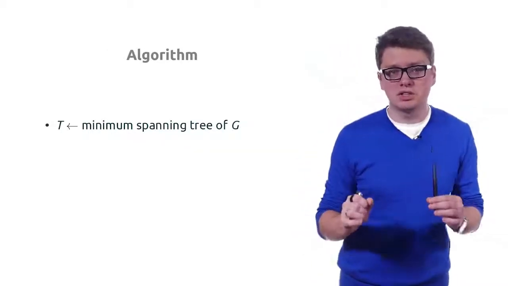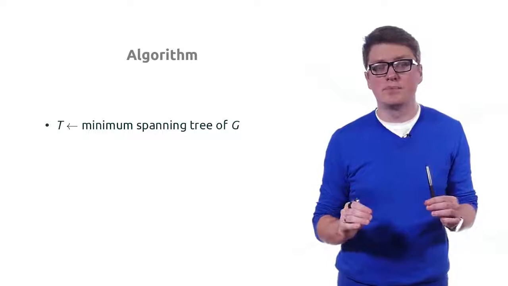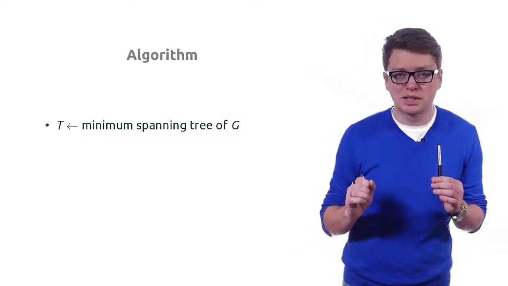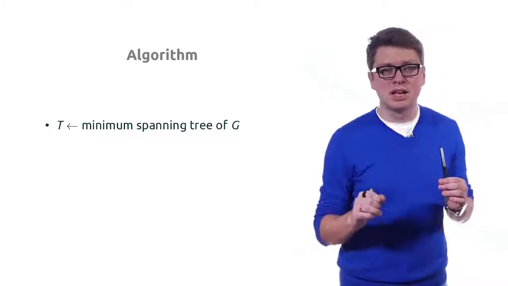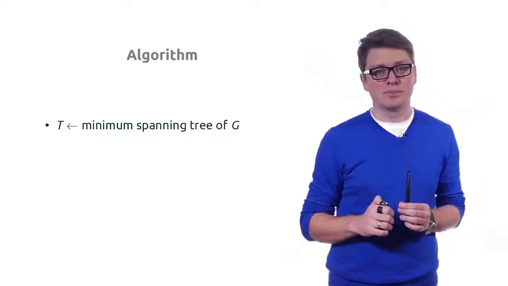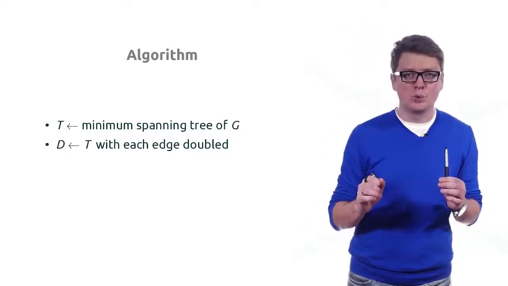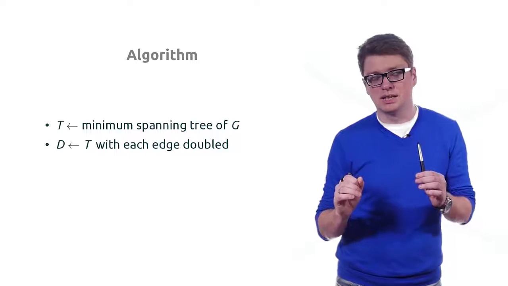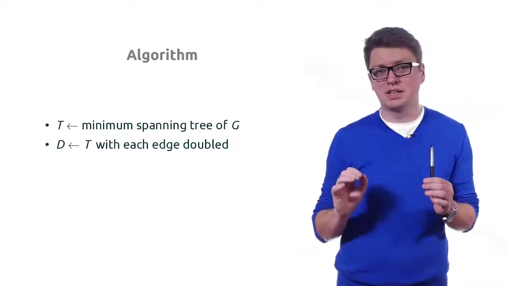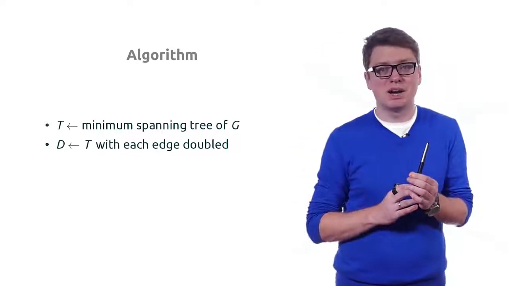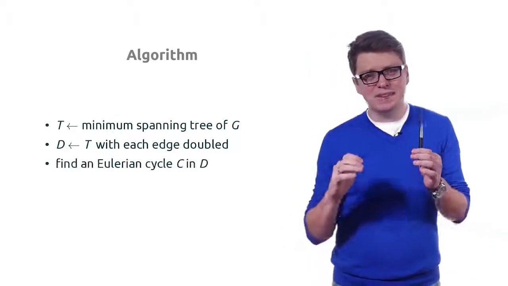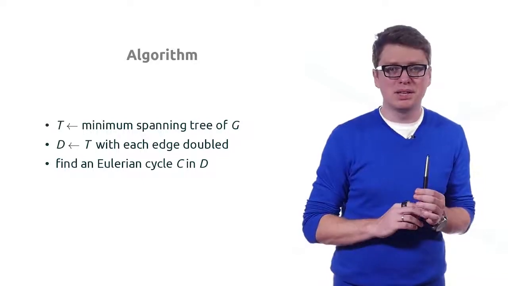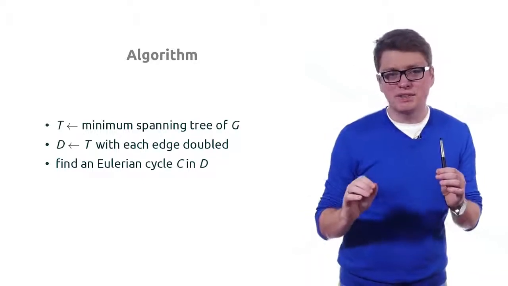Then we are ready to present an algorithm. We first construct the minimum spanning tree of G. Recall that this can be done very efficiently, in time almost linear in the number of nodes and edges in the input graph. Then we do the following strange trick. We double every edge in T and denote the resulting set of edges by D. Then what we see, and we will see this now on a small example, is that the resulting graph is Eulerian.